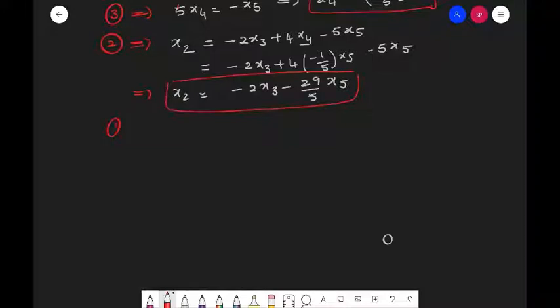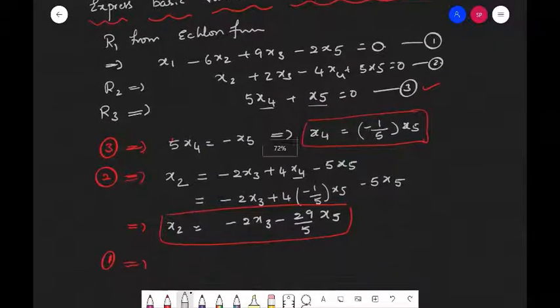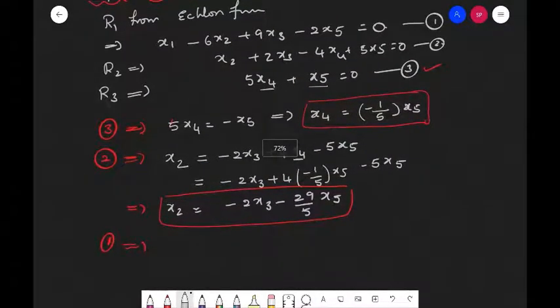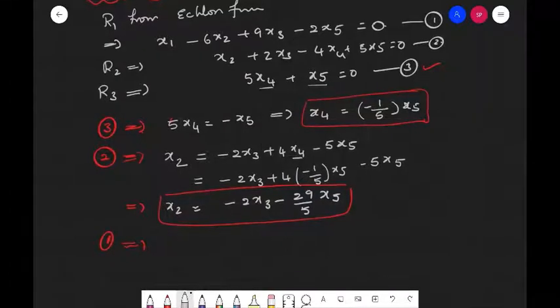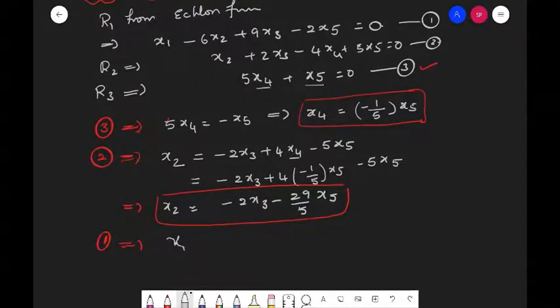So 1 implies, now we have the equations from row 1, x1 minus 6x2. So you have x1 is equal to 6x2 minus 9x3 plus 2x5.